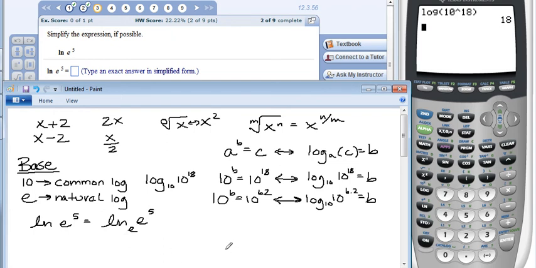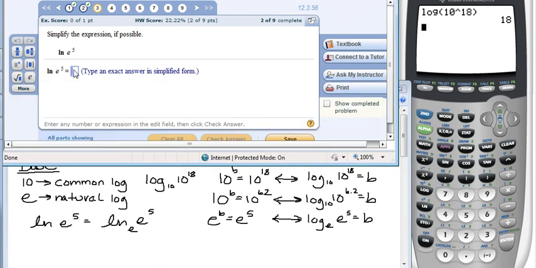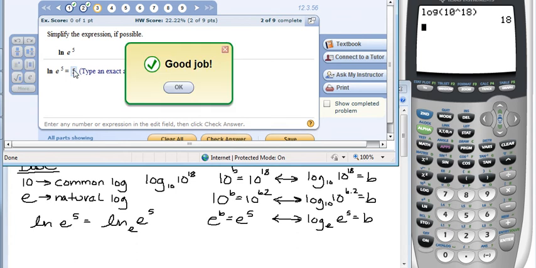We're using the same thing here. So we're going to say that log base e of e to the fifth is b. And so now over here we have e to the b is equal to e to the fifth. So b has to be 5. I don't even need a calculator for that. It's got to be 5.